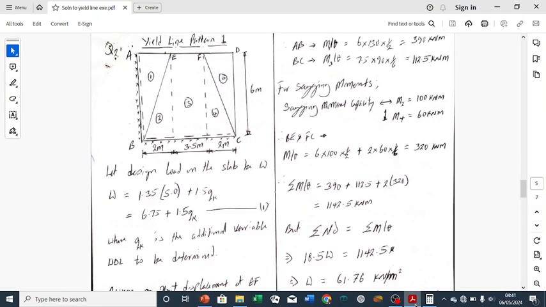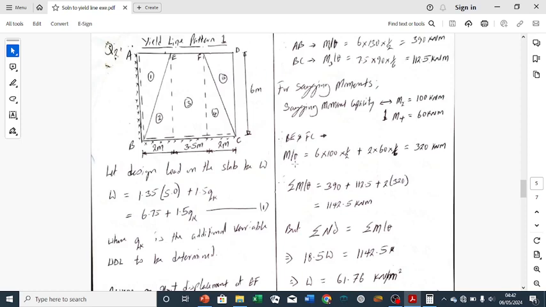That is why we write here the sagging moment capacity: the horizontal one M2 is 100, the vertical one M4 is 60 kilonewton meter. So we can go ahead. Remember the sagging moments BE and CF are the same, so we calculate one and multiply by 2.